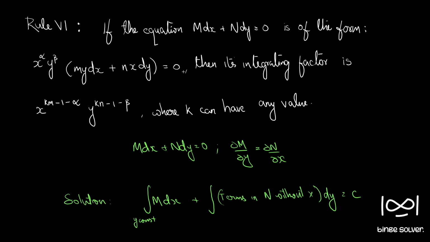So here k can have any value. Once we get the differential equation, we identify alpha and beta. Now, any x raised to km minus 1 minus alpha into y raised to kn minus 1 minus beta, with k having any value, will be an integrating factor for this equation.